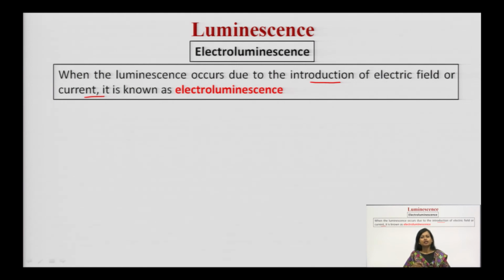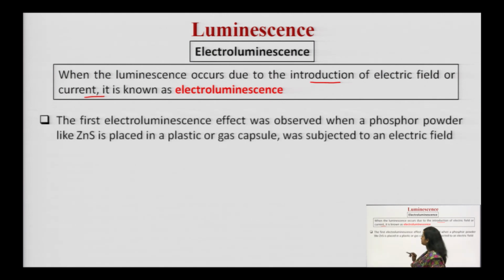Depending upon the nature of the excitation, the luminescence is categorized into three categories. Electroluminescence is when the luminescence occurs because of the introduction of an electric field or current.